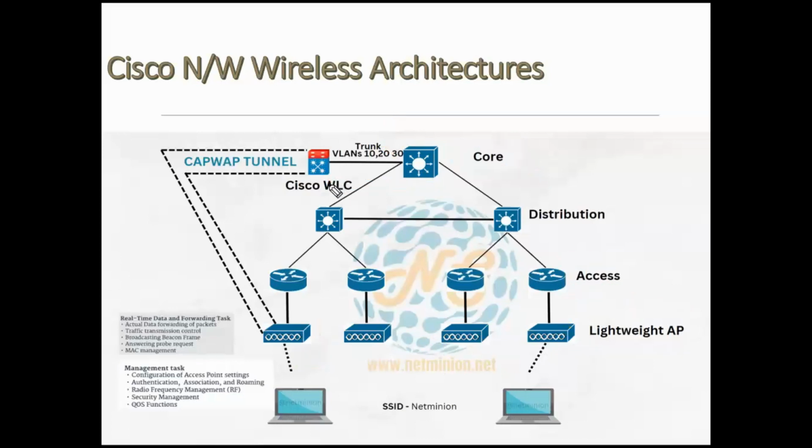Now this LWAP will take care of things with respect to the client. Collecting the signal quality information will be done by these LWAPs. Monitoring the radio channels for rogue APs, encryption and decryption will also be done by these LWAPs.